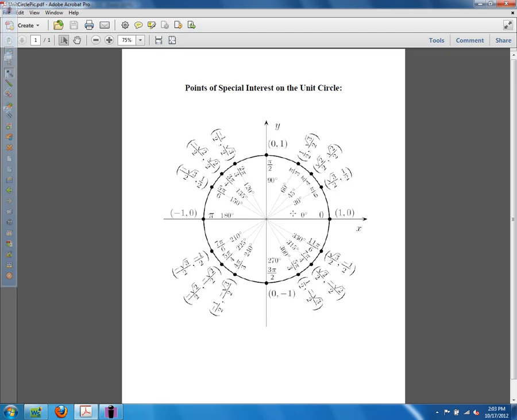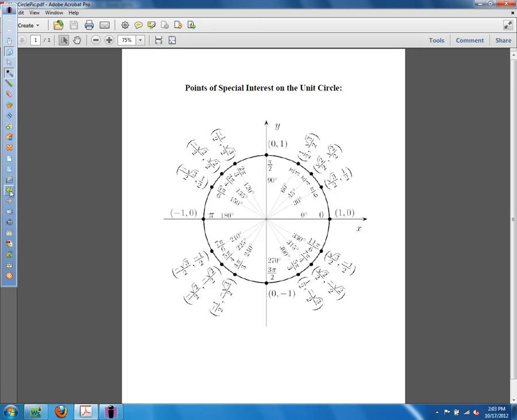Cosine is the x coordinate, where it equals 1/2. I get pi over 3 and 5 pi over 3. Cosine of my angle is 1/2 at pi over 3 and 5 pi over 3.